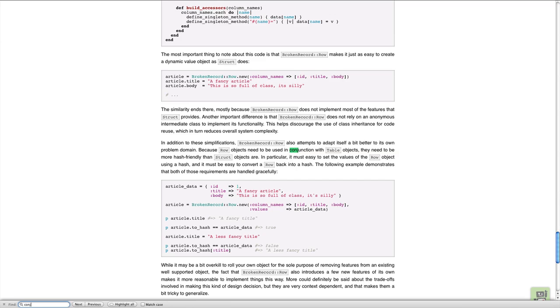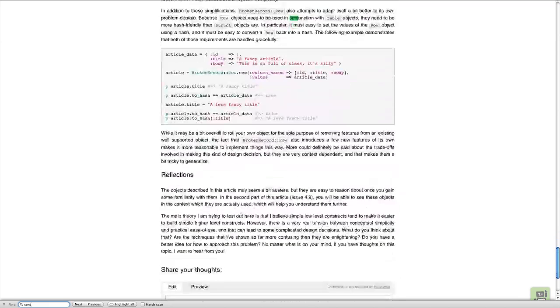In particular, it must be easy to set the values of the row object using a hash, and it must be easy to convert a row back into a hash. The following example demonstrates that both of these requirements are handled gracefully.